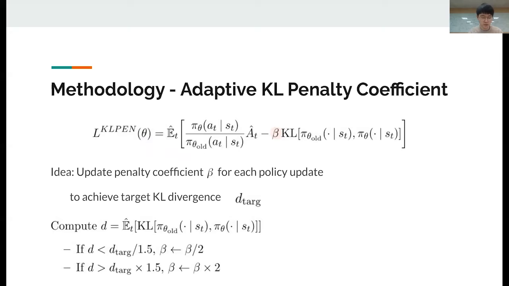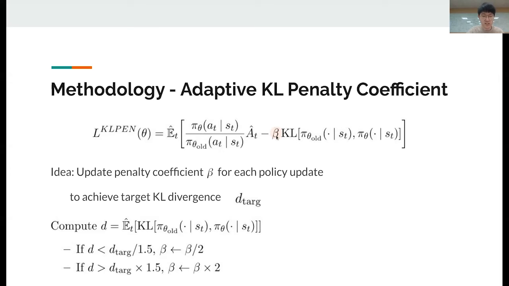Another proximal policy optimization algorithm is the adaptive KL penalty coefficient. In TRPO, it was problematic that we don't know a proper beta value. This algorithm adaptively updates the beta value according to the value of KL divergence.